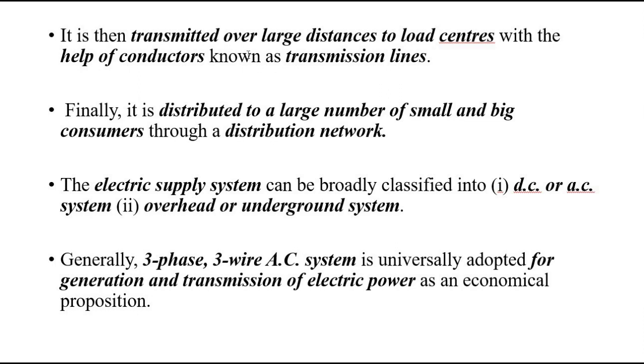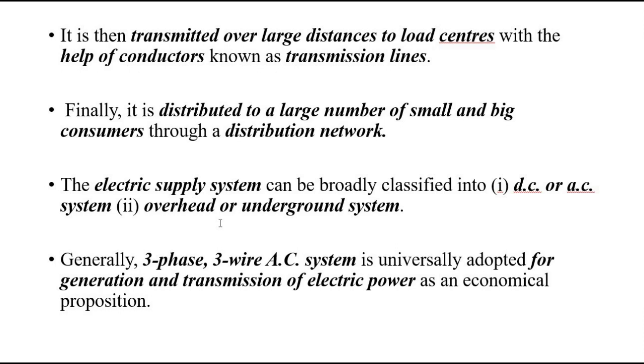So basically we can categorize this whole electric supply system into two categories. First, DC and AC. And then from the transmission and distribution point of view, the manner in which it is transmitted and distributed, that is the overhead system and the underground system, the network of conductors.